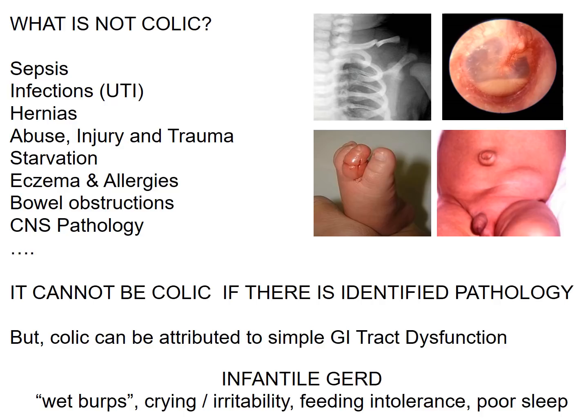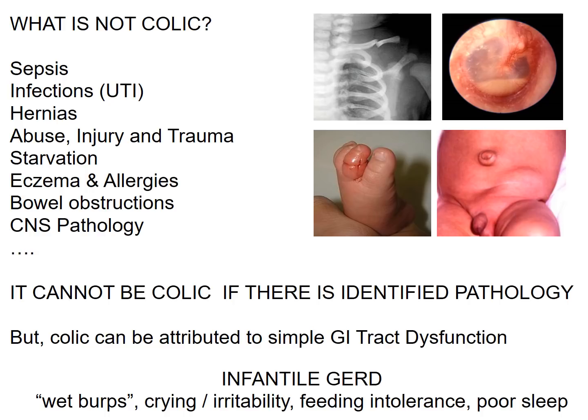This is not colic. So irritable infants who are septic, have infections like a urinary tract infection, have a hernia, have been abused, injured, are not being fed, have severe eczema or allergies and they're going crazy because of the itching, bowel obstruction, CNS pathology, right? Ear infections.